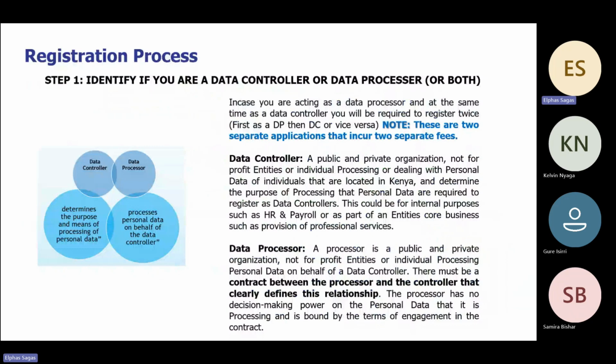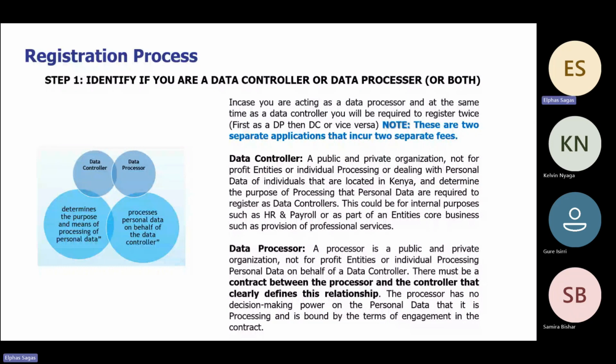And then a data processor, on the other hand, acts on behalf of a data controller. It is very important to note that a data processor acts on behalf of a data controller. And in so doing, it's important for the two parties to engage through a contract.